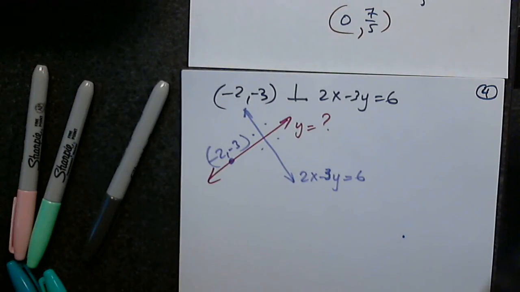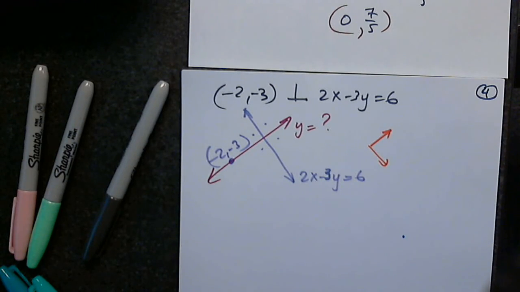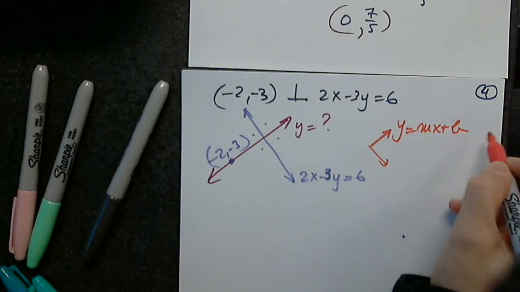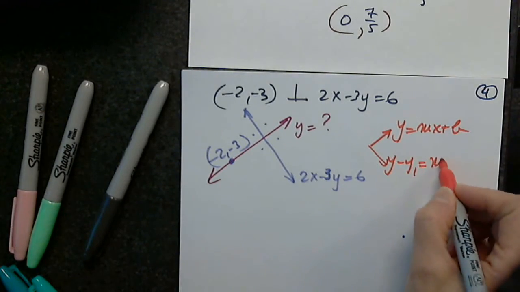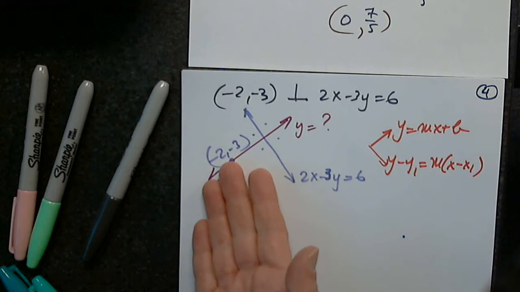No. Because remember, in my head I'm going between two equations: y equals mx plus b, and y minus y1 equals the slope times x minus x1. These two things are always in the back of my mind, and I have to decide, can I go with this or that? That's why I'm asking, is this the Y-intercept?